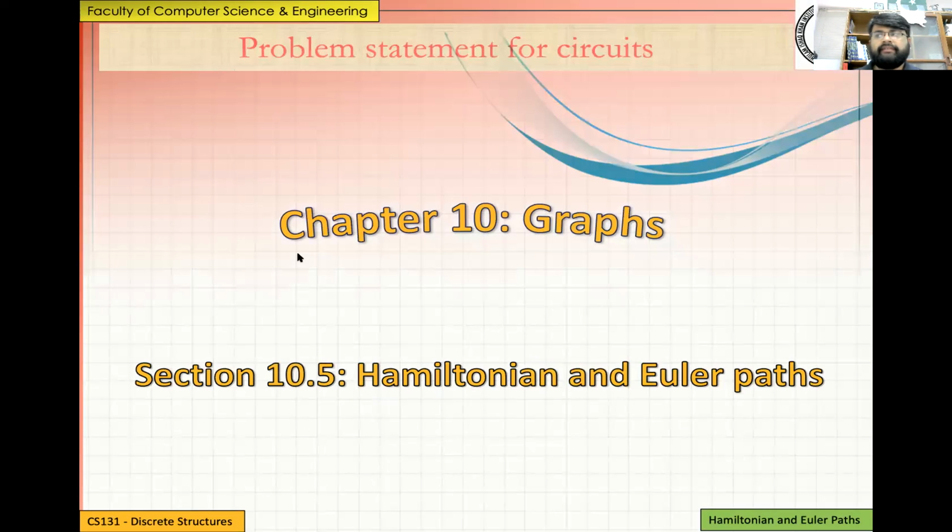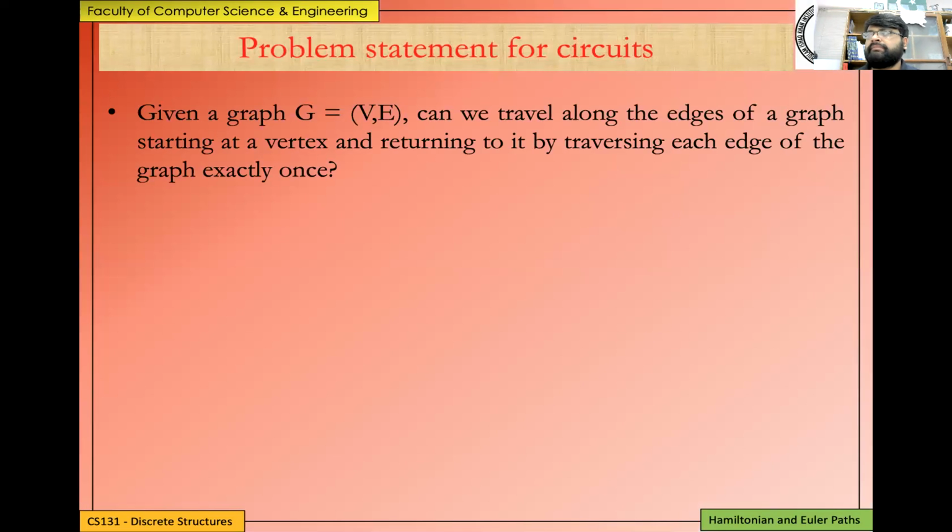So let's start with this very simple problem statement for circuits. Let us suppose that you are given a graph G, which has a vertex set V and an edge set E. Then there's one very specific question that might be asked, or that might be the requirement of the problem that we are trying to solve. And it's a very generic question. Can we travel along the edges of a graph starting from a particular vertex and returning to it by traversing each edge of the graph exactly once?